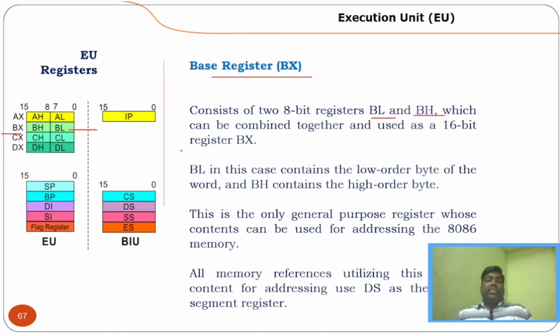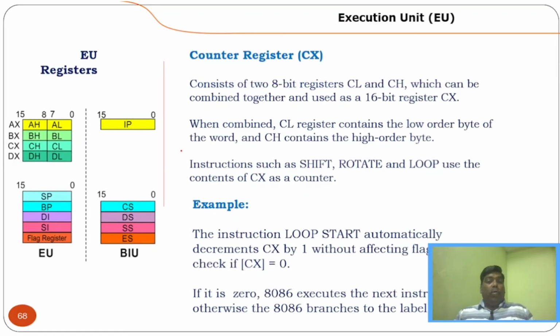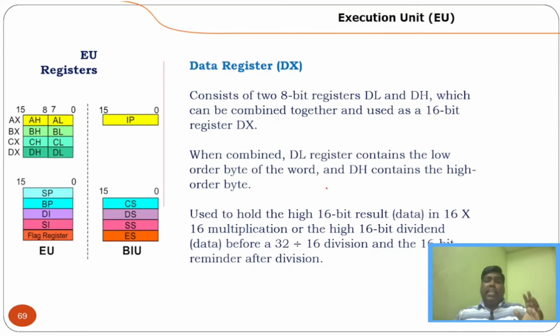And similarly, CX, as I said, it can be used for count values. That is, CL and CH, two 8-bit registers combined to form a 16-bit register, and CL is the lower byte and CH is the higher byte. And for instructions like shift, rotate, and loop, CX can act as a counter, as I said, right? And the last one is DX, the data register.